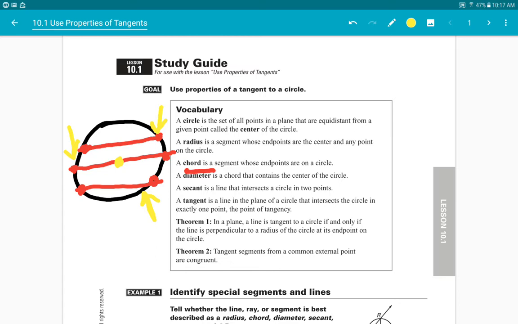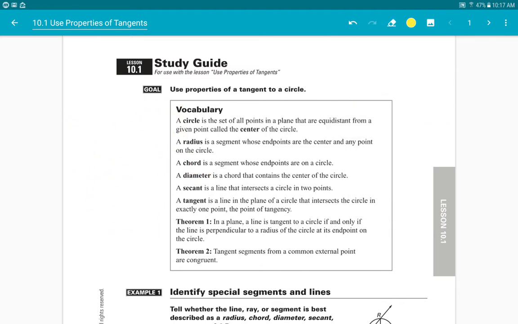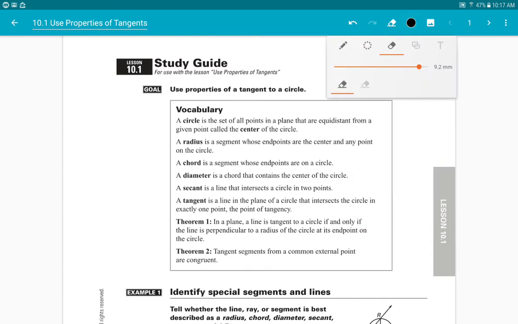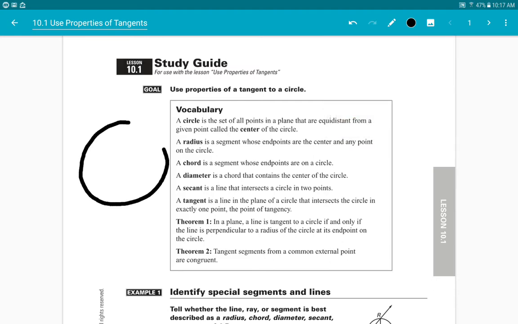All right. And now let's talk about lines that intersect the circle. Let's erase what we have here. All right, so here's our circle.